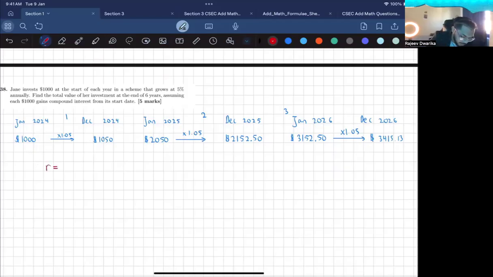Tell me two consecutive terms to divide. 1,050 and 1,000. Tell me what you get for that. Well, you get 1.05.